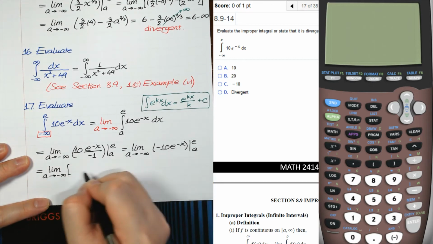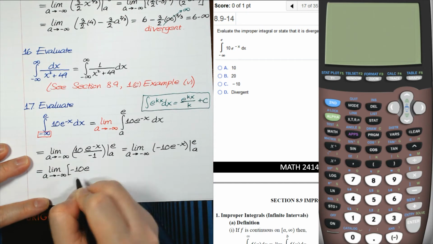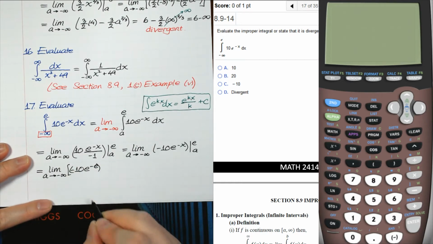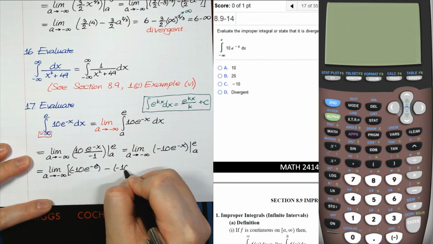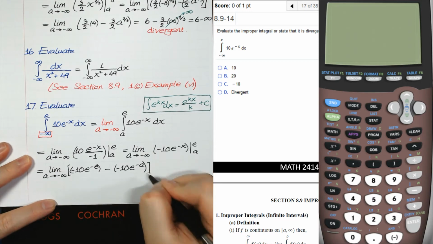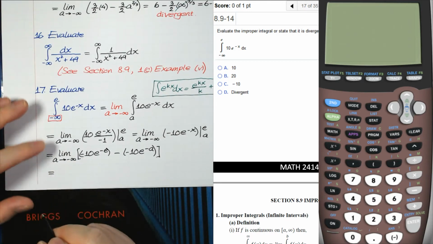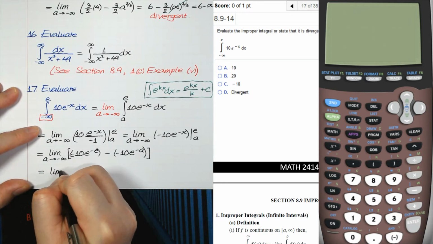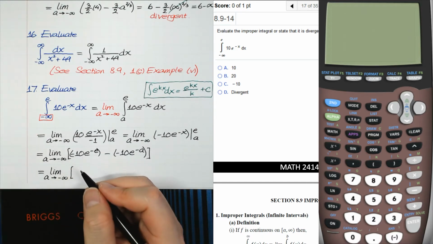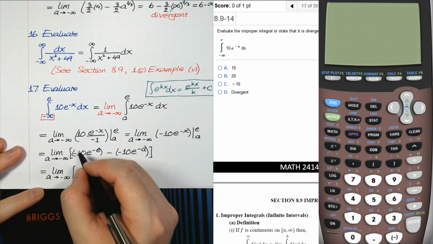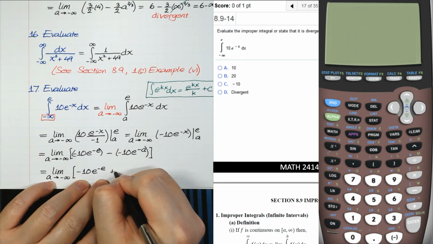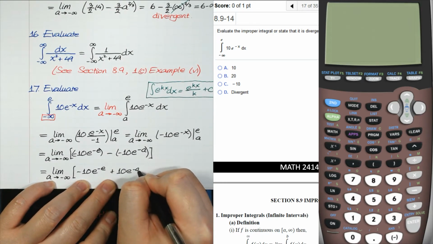Right, put e in. That might look strange, but don't worry about it. Right, that gives us negative 10 e to negative e plus 10 e to negative a.